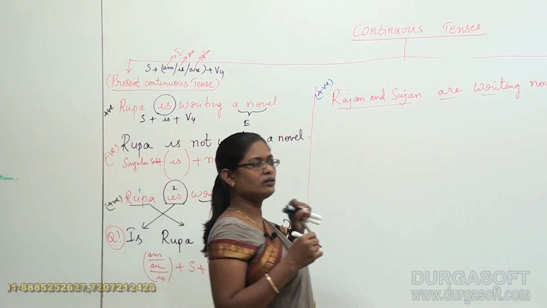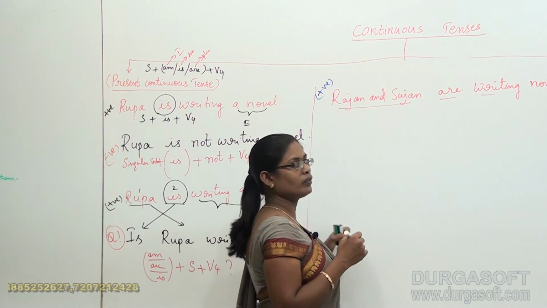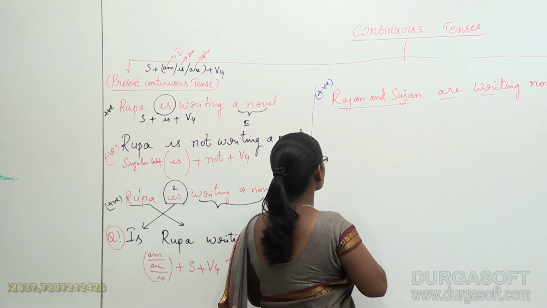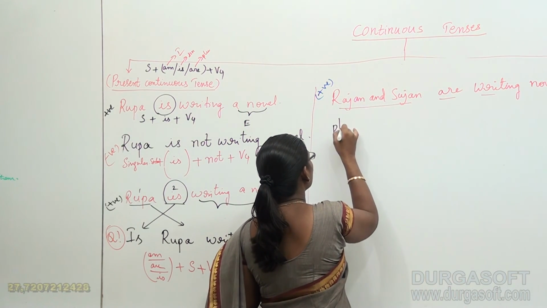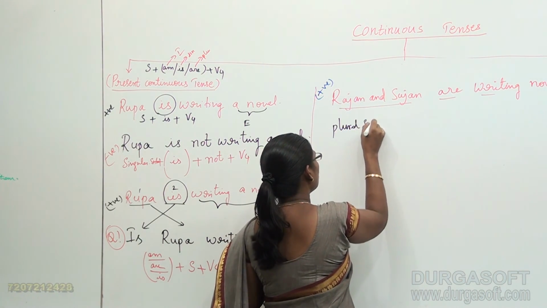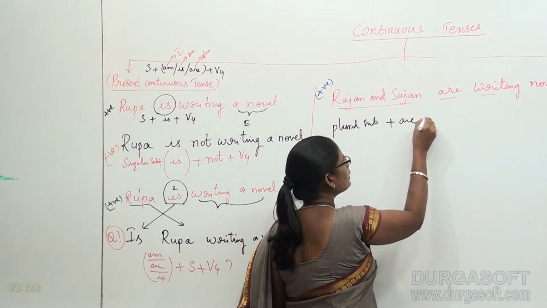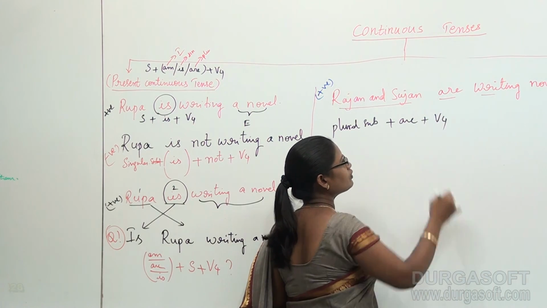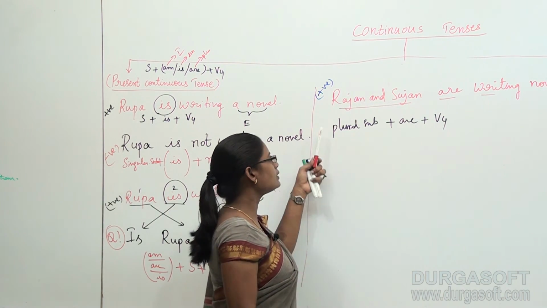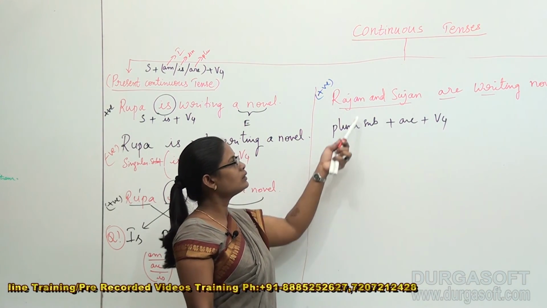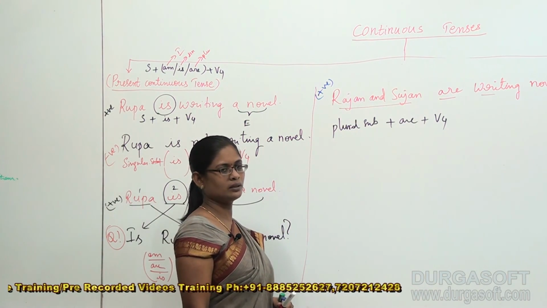And if you would like to take this as a specification, you can mention here plural subject plus are plus V4. Okay, this is the structure for your positive sentence with the plural subject.